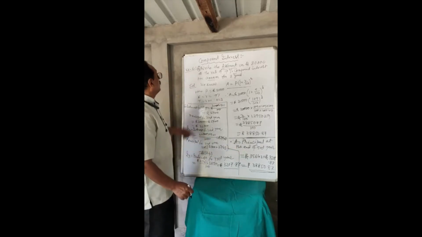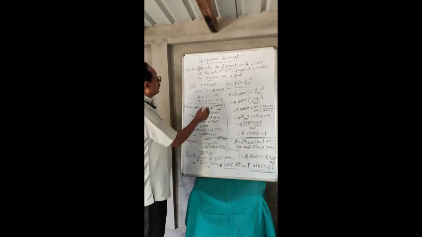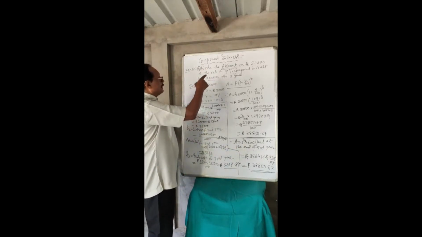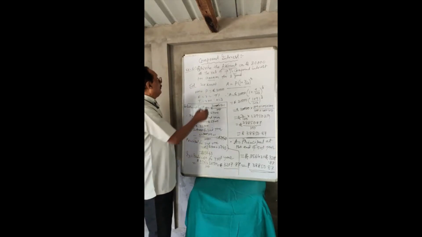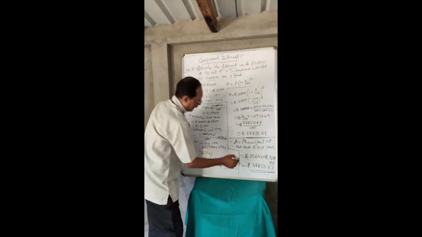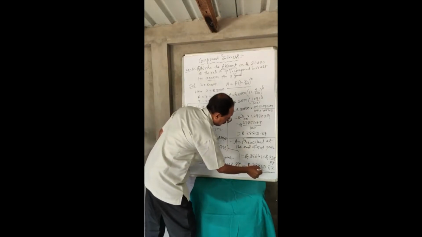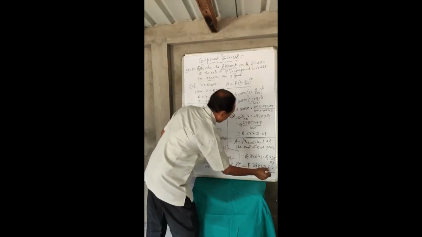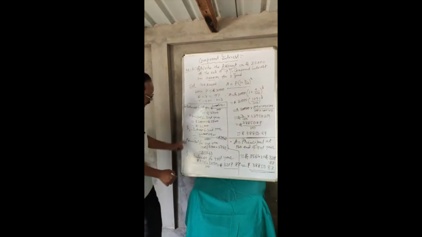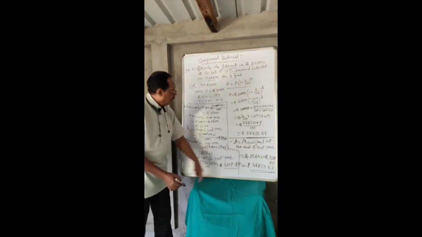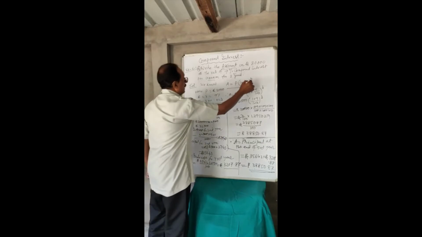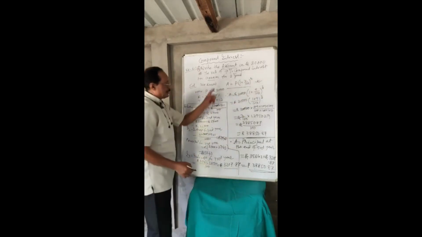Therefore the amount for 30,000 rupees at the rate of 9% per annum after 3 years will be 38,850 rupees 87 paise. So this is the way to calculate step by step, but you can use the formula directly as you like.